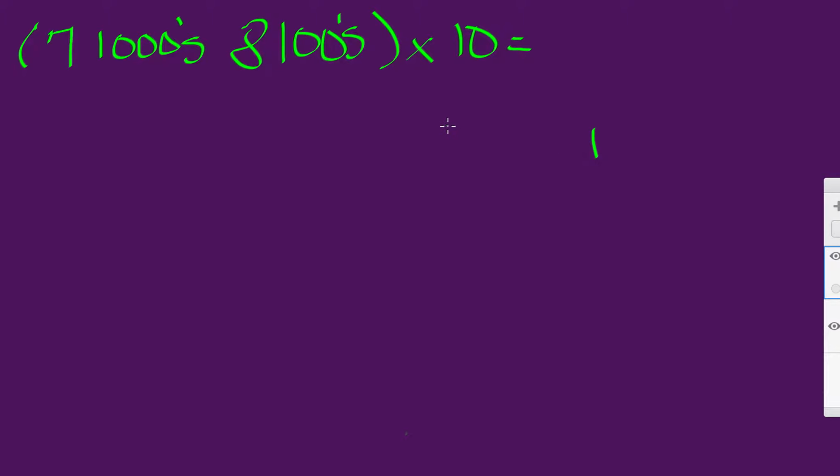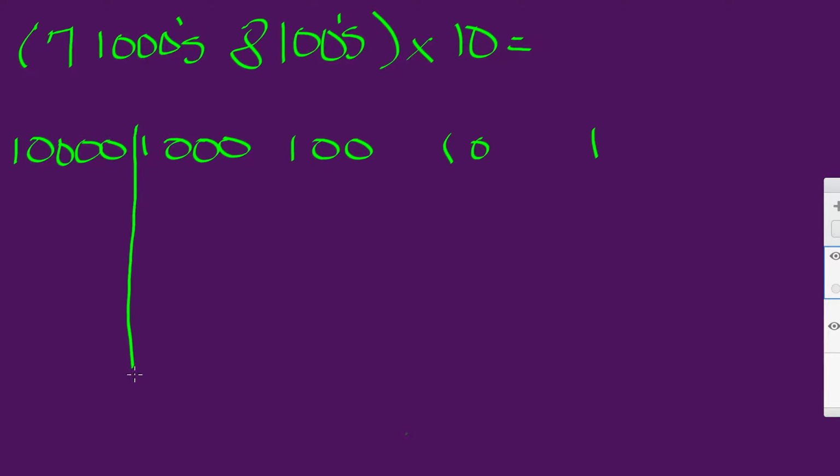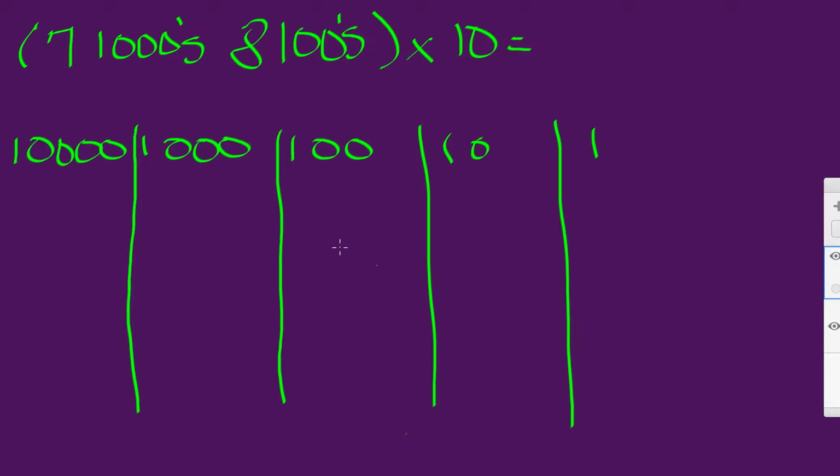So you've got ones, tens, hundreds, thousands, and 10,000s. We're starting with 7 thousands, 1, 2, 3, 4, 5, 6, 7, and 800s, 1, 2, 3, 4, 5, 6, 7, 8.